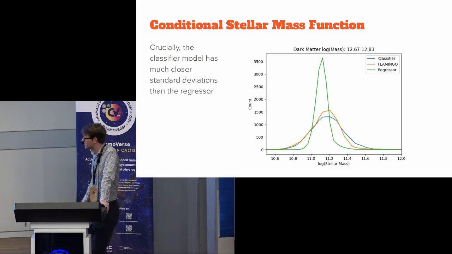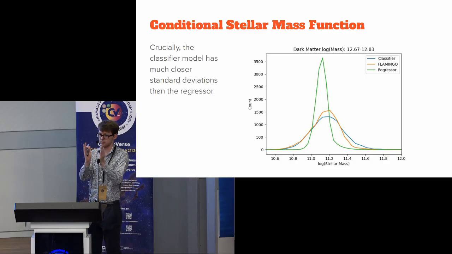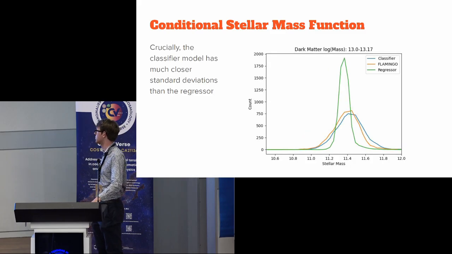And to illustrate what I'd mentioned earlier, if we look at a given small range of dark matter mass, we can see that the regressor gives us a much narrower distribution than we'd like, whereas the classifier gives us a much more similar distribution to the ground truth in FLAMINGO. And again, we can see this for a different dark matter mass range.